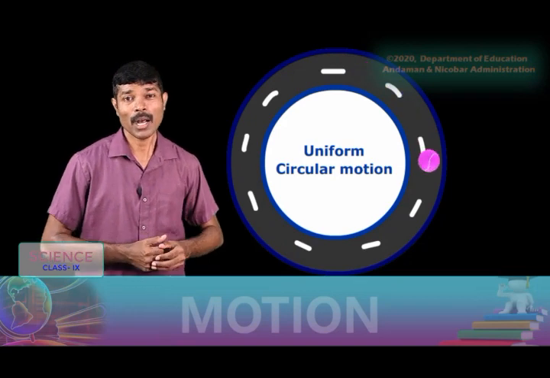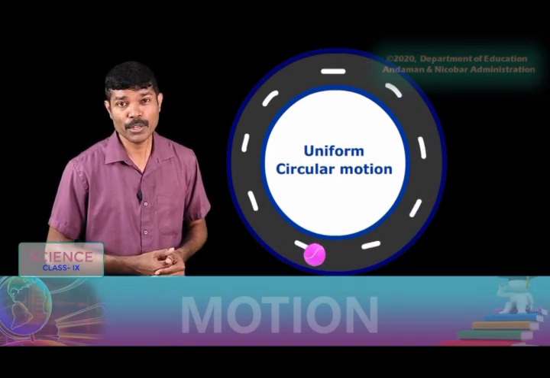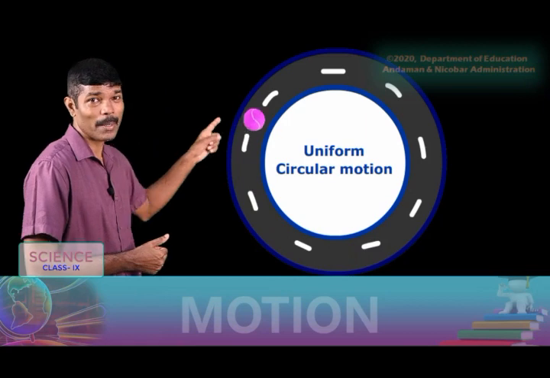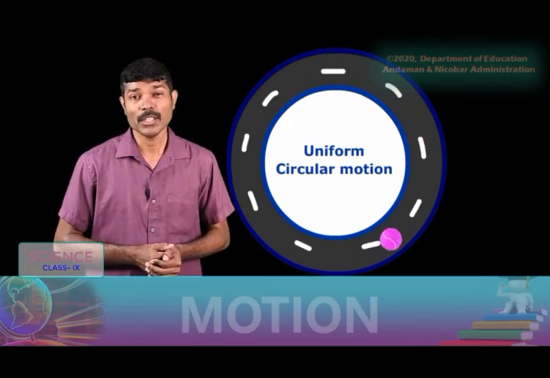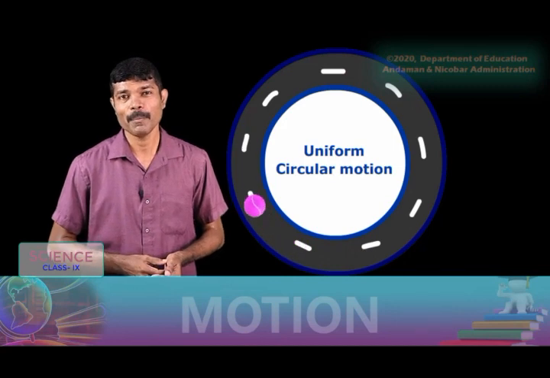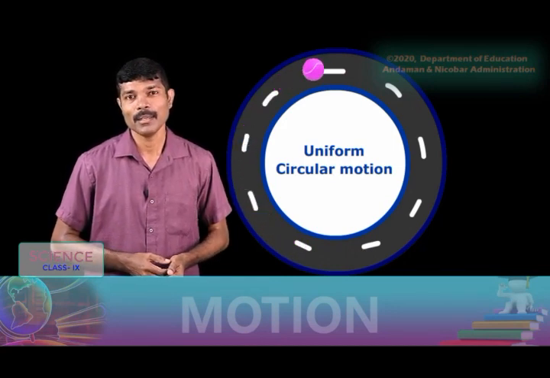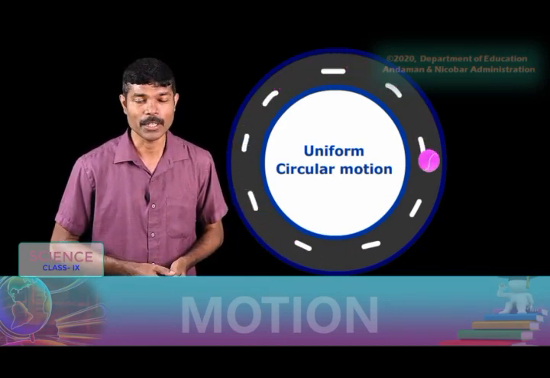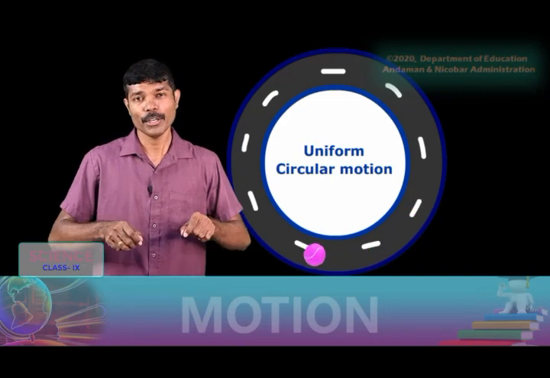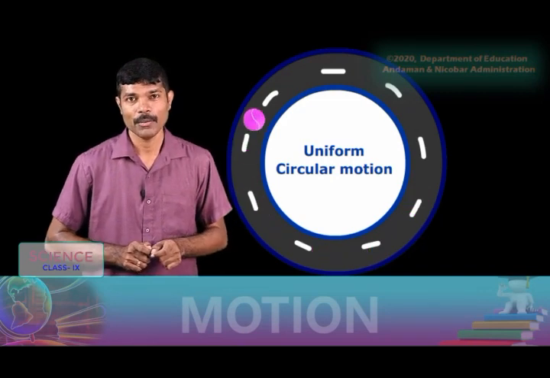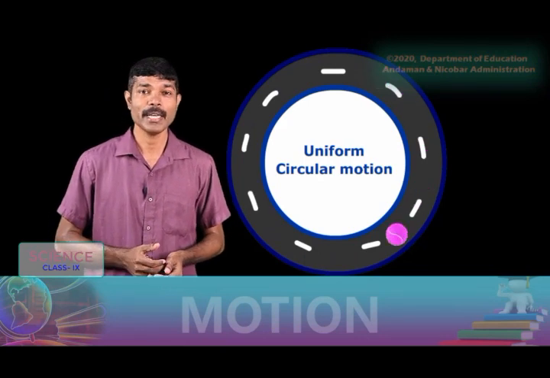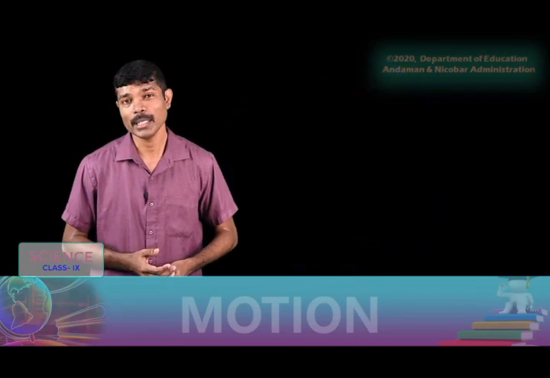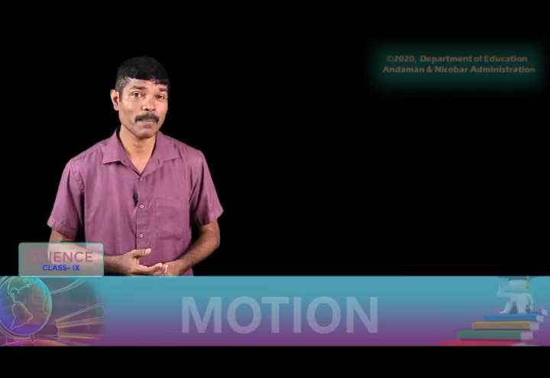So when a body is in uniform motion along a circular path, we can say that at each interval of time the body is changing its direction. So in order to understand this, we see a video clip. From there we will try to understand how an object is moving in a circular path.